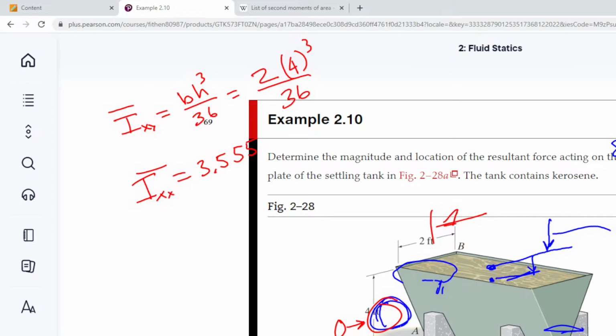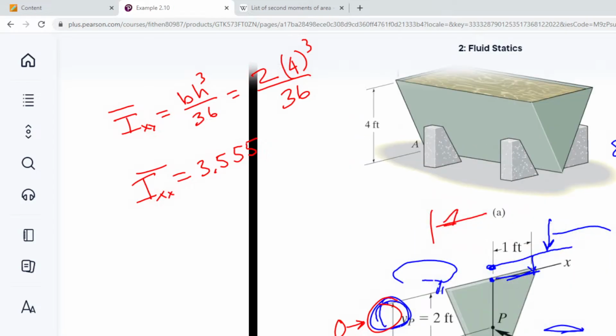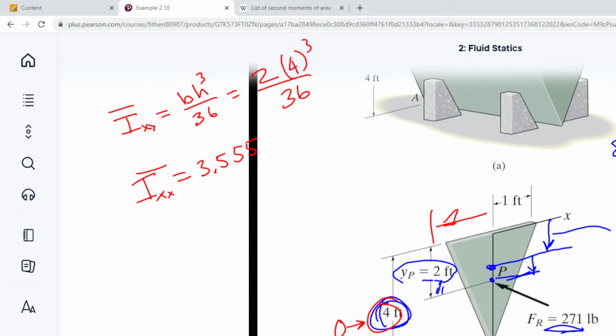Now, I'm going to go in here and find the distance below the centroid of the location. 3.5556. Y bar was 4/3, and the area of this triangle is 4.